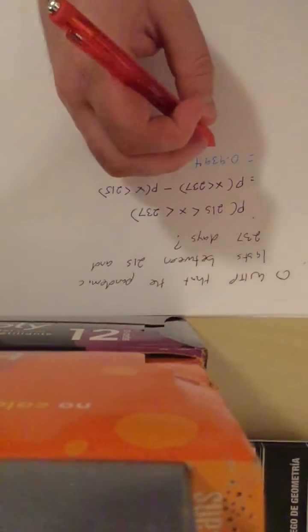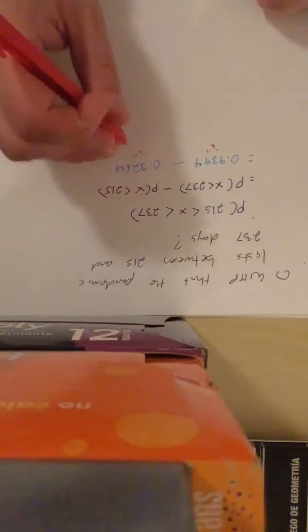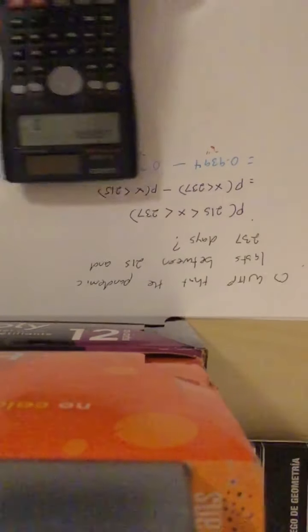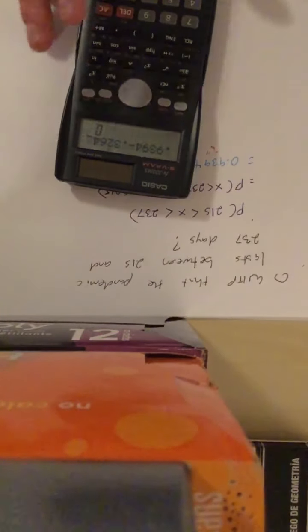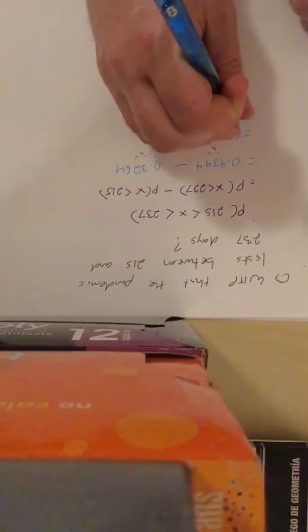So this is shamelessly stolen from part B and part A. 0.9394 minus 0.3264 is 0.613. And so the answer is going to be 61.3%. And that's the probability of it being between those two values. And that's it.